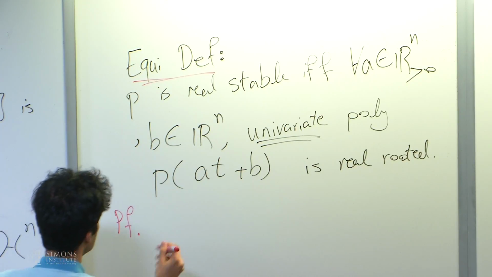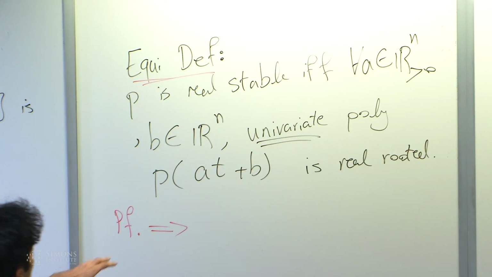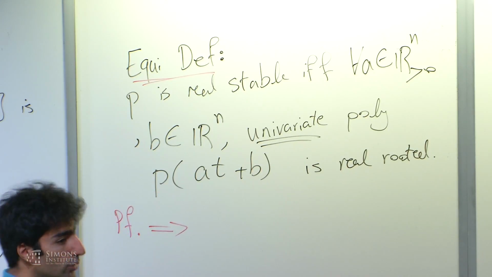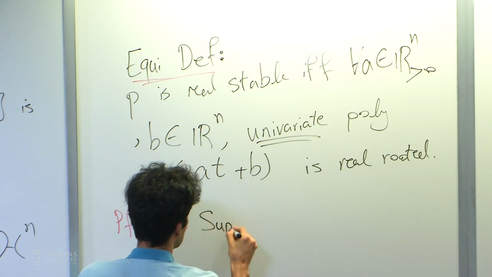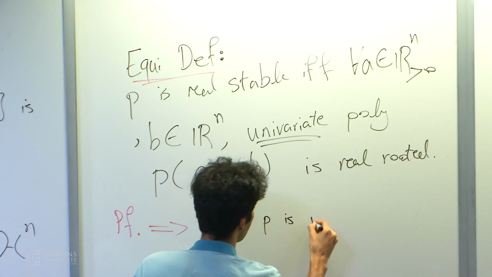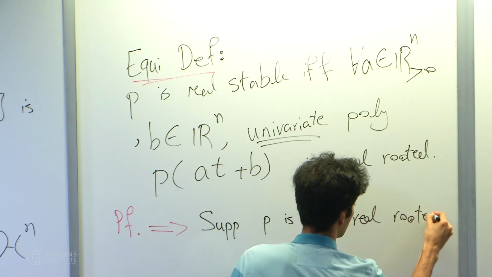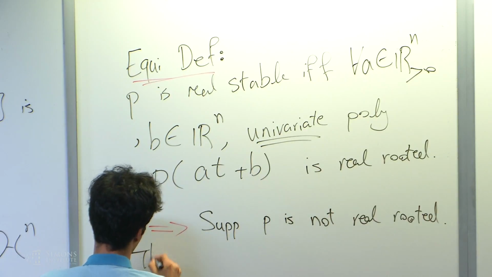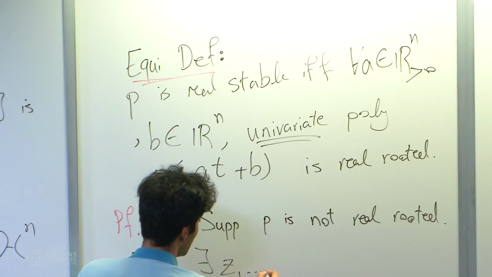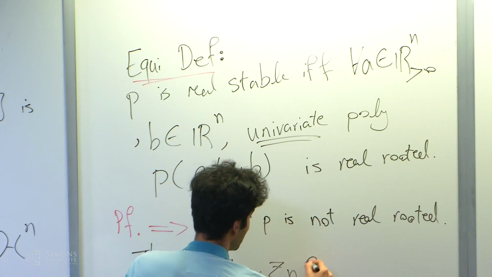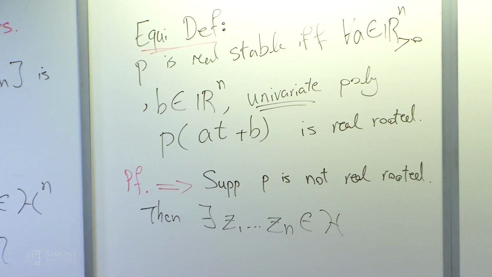So there are two directions. Let's prove the forward direction. So suppose P is real stable. I want to prove that this polynomial is real rooted. I do it by contradiction. So for the sake of contradiction, suppose P of at plus b is not real rooted. Then, by definition, there exists, say, z1 up to zn with positive imaginary value.